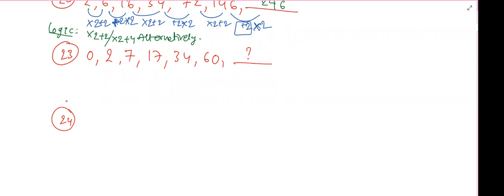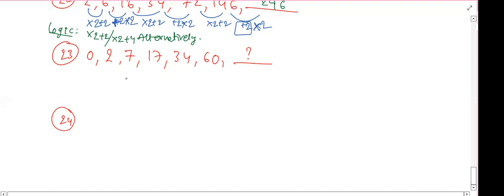As you told in the previous question, it seems like multiples are available, right? But multiples are not matching. Then why don't you try with the difference? Take the difference. Tell me the difference here.